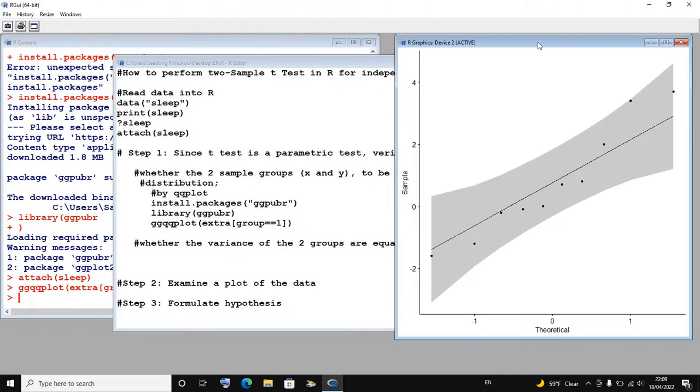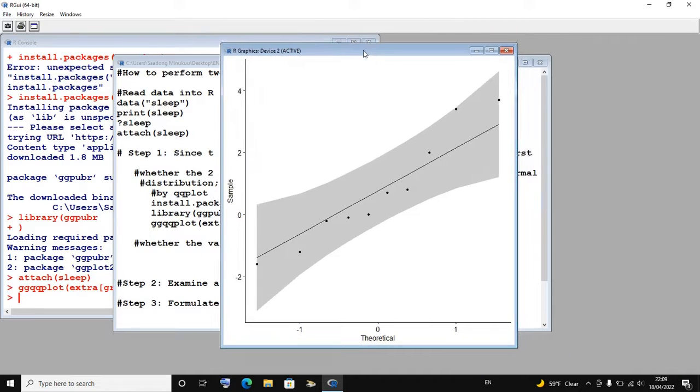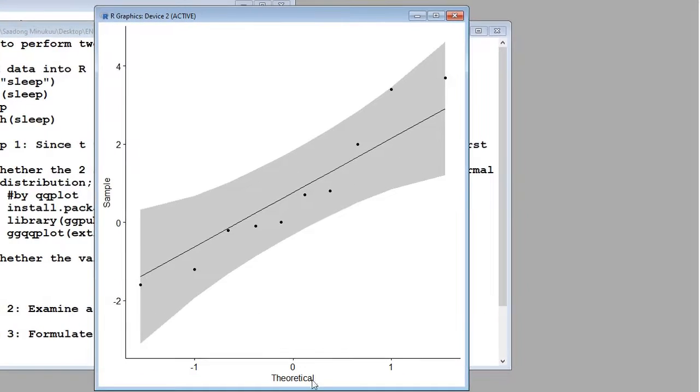Perfect. Now look at the ggqqplot here. What can we say about this particular plot? Like I told you, it's simply the sample quantiles plotted against the theoretical quantiles.